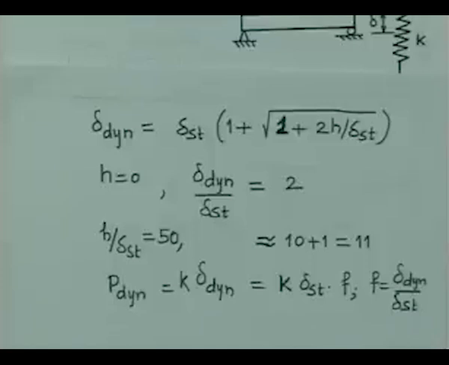You can also calculate the dynamic load subjected to the beam, given by K into delta dynamic. So many times the dynamic loading can be accounted for by invoking a factor like F, which indicates the ratio of the dynamic deflection to the static deflection.